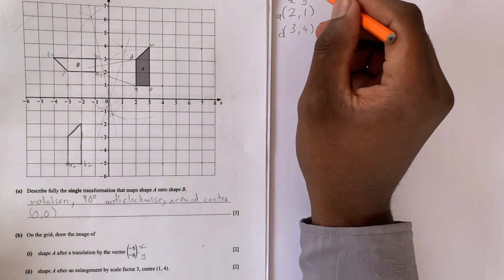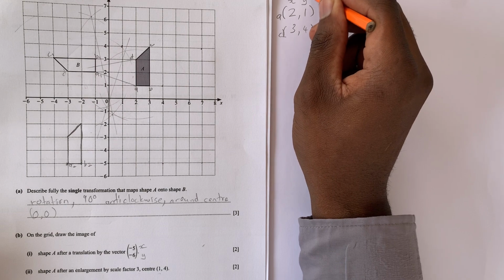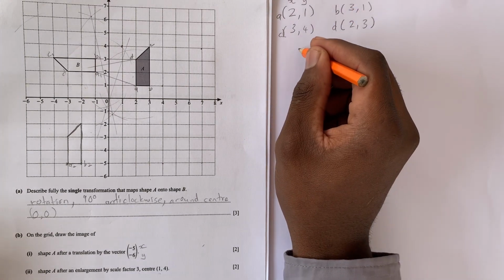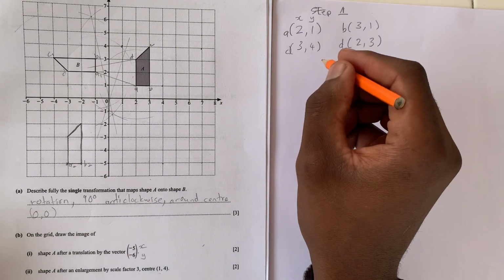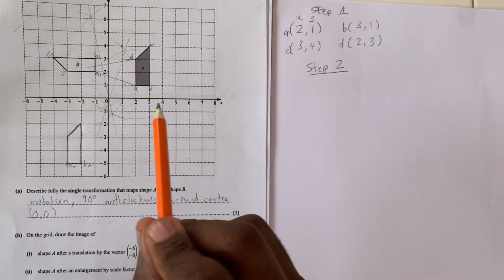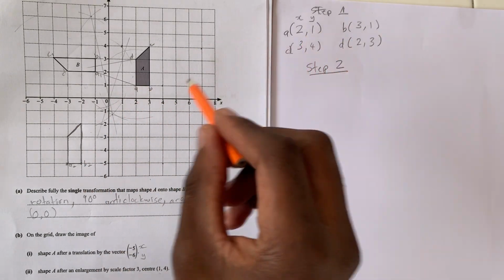Right, that's step 1. So I'm going to write step 1, like this. Step 2, I'm going to calculate the distance from each of these individual points to the new center.